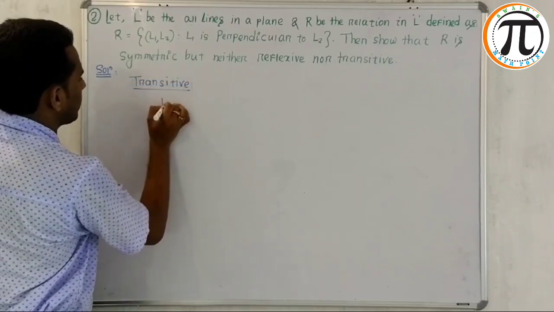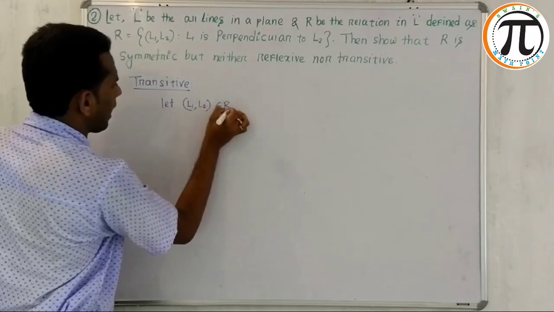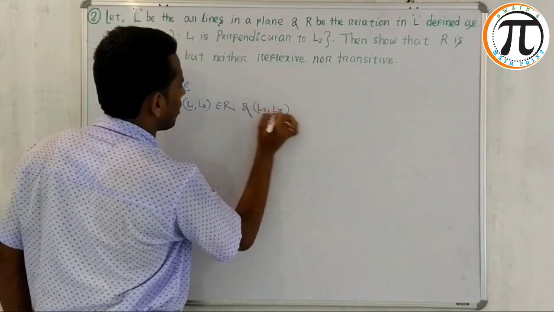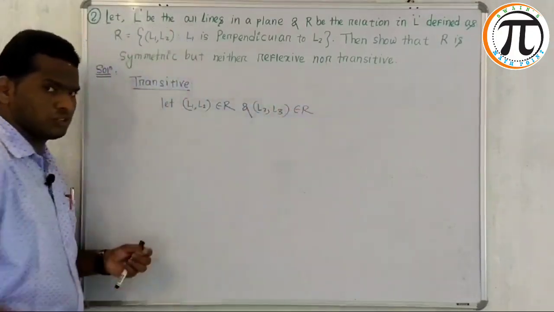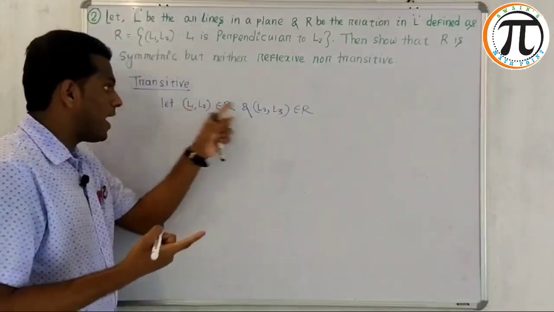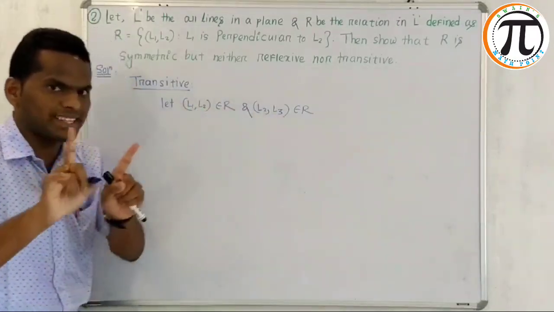Let (L1, L2) belong to R and (L2, L3) belong to R. You have to take both according to the definition of transitive. You have to prove that (L1, L3) belongs to R. That is the main thing.